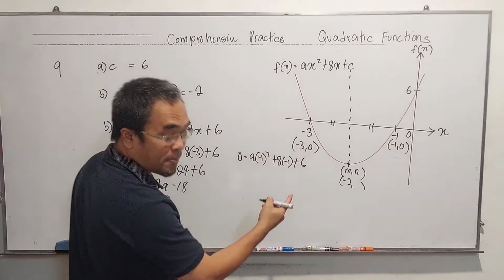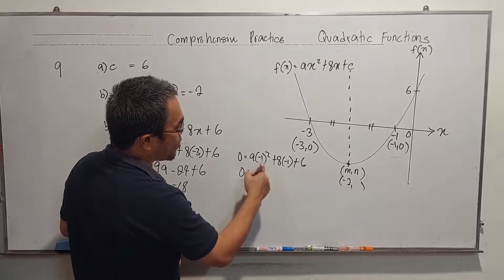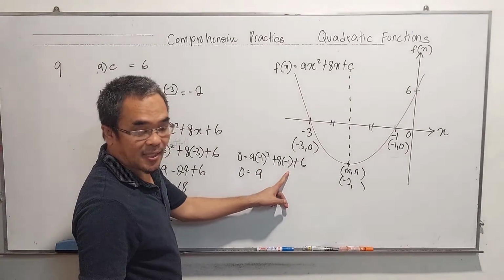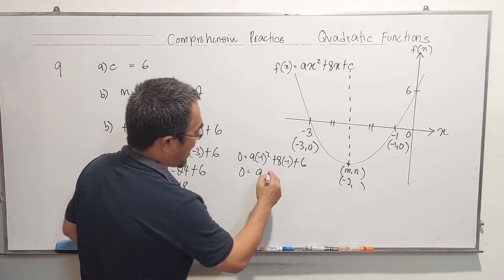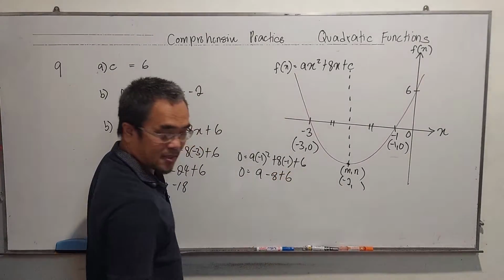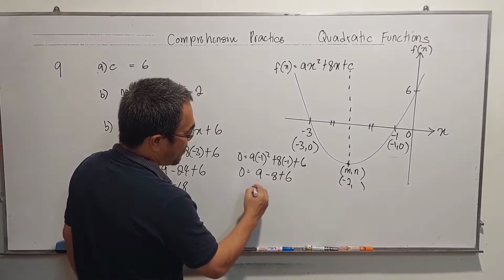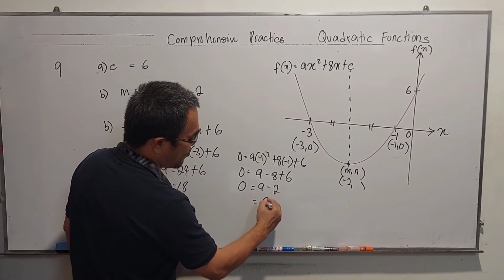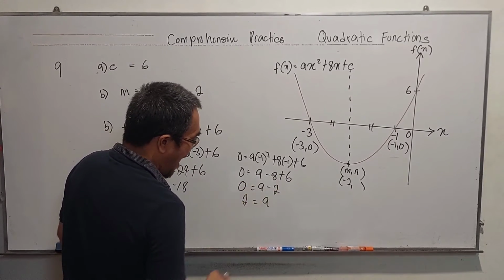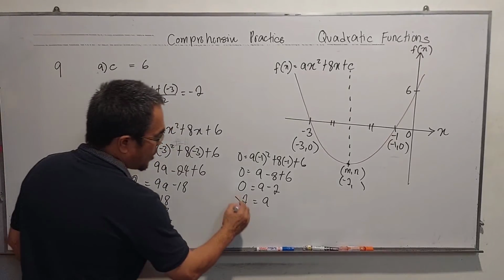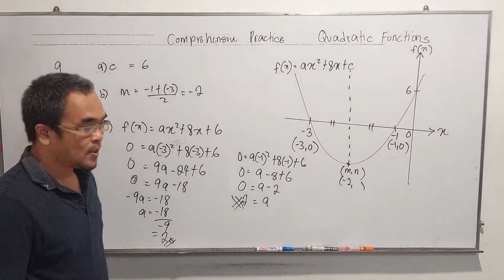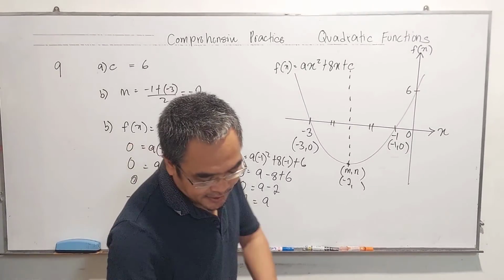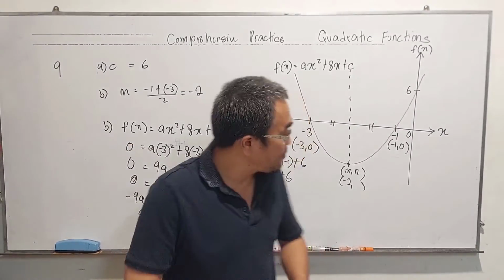So -1 squared will be 1, so 0 equals 1a. 8 times -1 will be -8, plus 6, so -8 plus 6 will be -2. I just move -2 over, and I still get a equals 2.